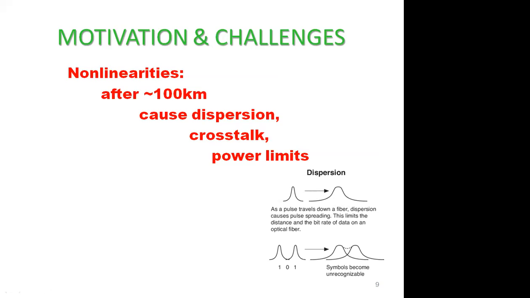But what is the solution for this? What happens if there is a dispersion? क्या होगा इससे क्या होगा? What may be the problem? We have launched two pulses: 1, 0, 1. For 1 we have a pulse, for 0 nothing, for 1 again we have a pulse. And there is dispersion. So you can see what is happening here due to dispersion.